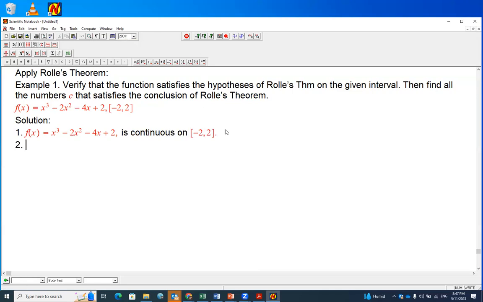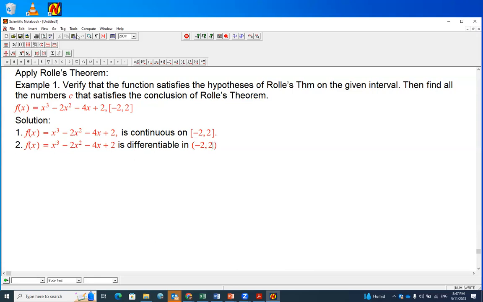Number 2, a polynomial is differentiable everywhere, and it's differentiable as many times as you wish. So the function is differentiable in the interval of -2, 2.